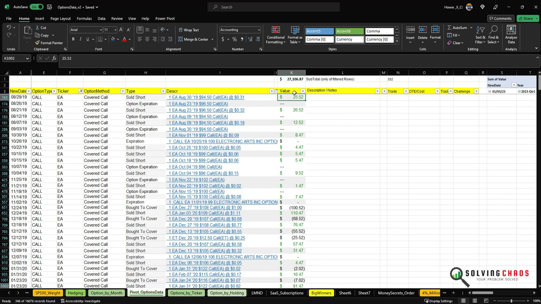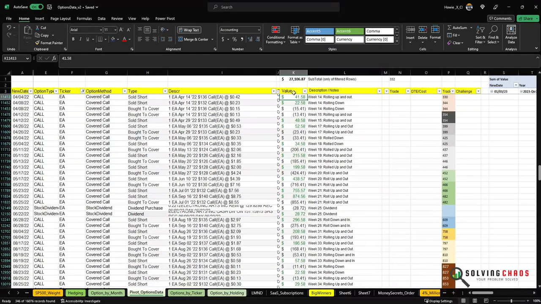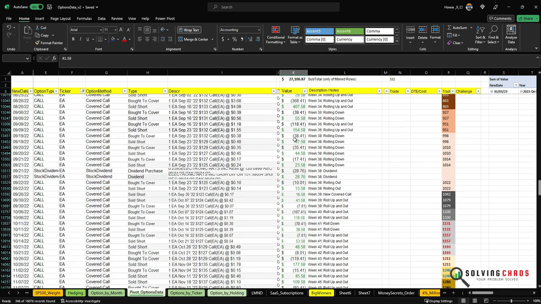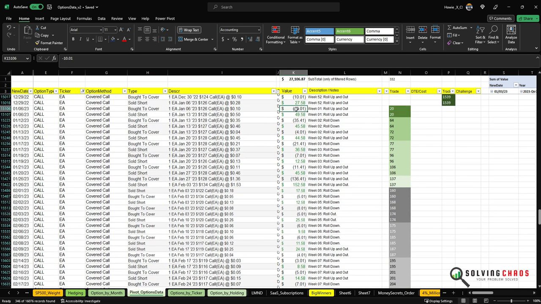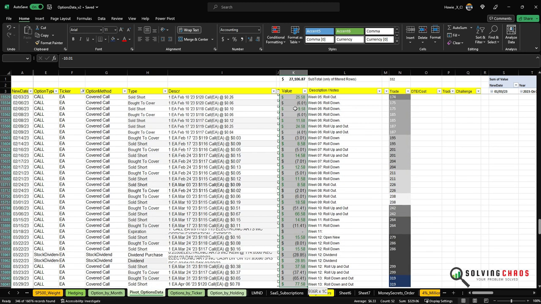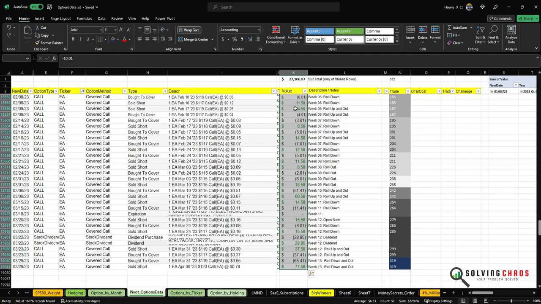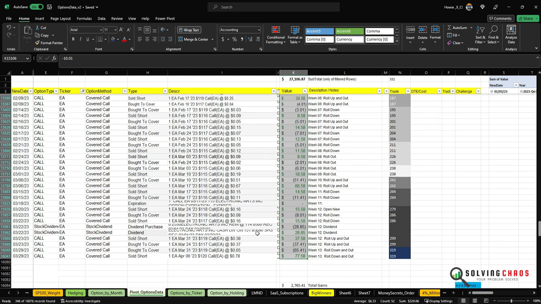Whoops. Let's not go that far. This is last year's. And then this is this year. So let's only look at this year. So this is how much we made in EA: 329 for this year. And remember, most of this is just writing a single covered call. You got to subtract some of the dividend out so that the data is more accurate. But you can see how this trade is making money.